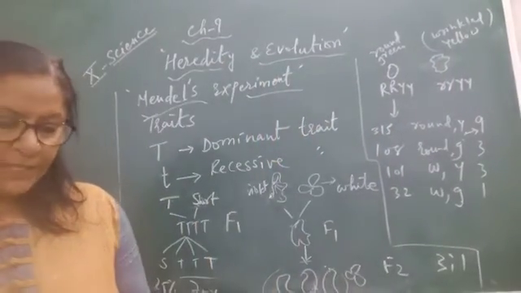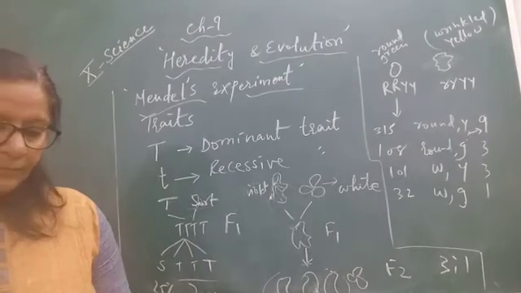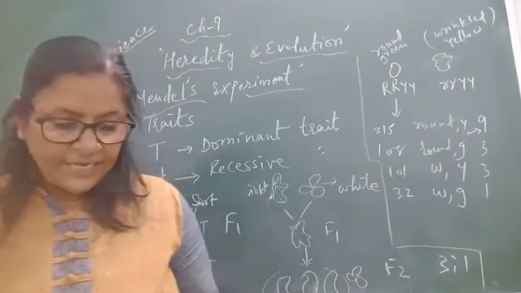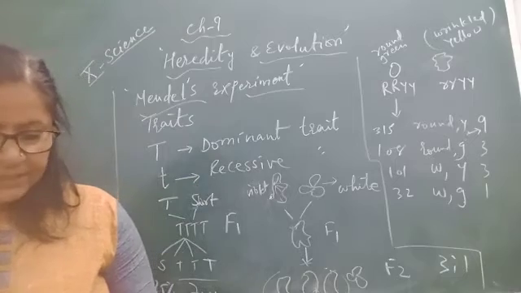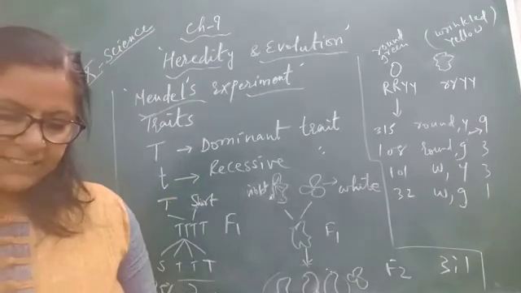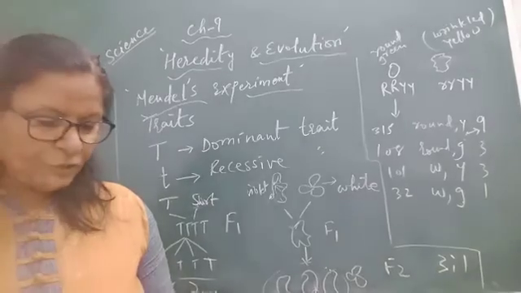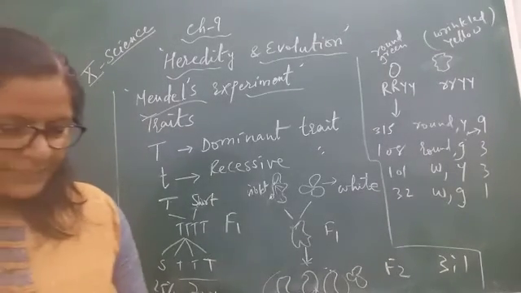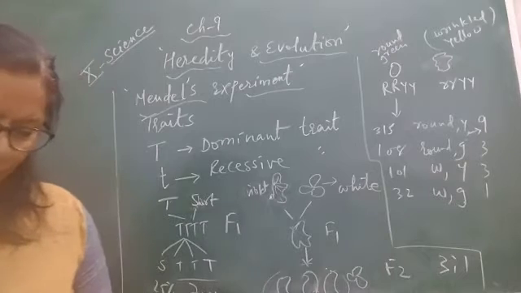So here, how does the mechanism of heredity work? We see that cellular DNA is the information source for making proteins in the cell. The section of DNA that provides information for one protein is called the gene for that protein.